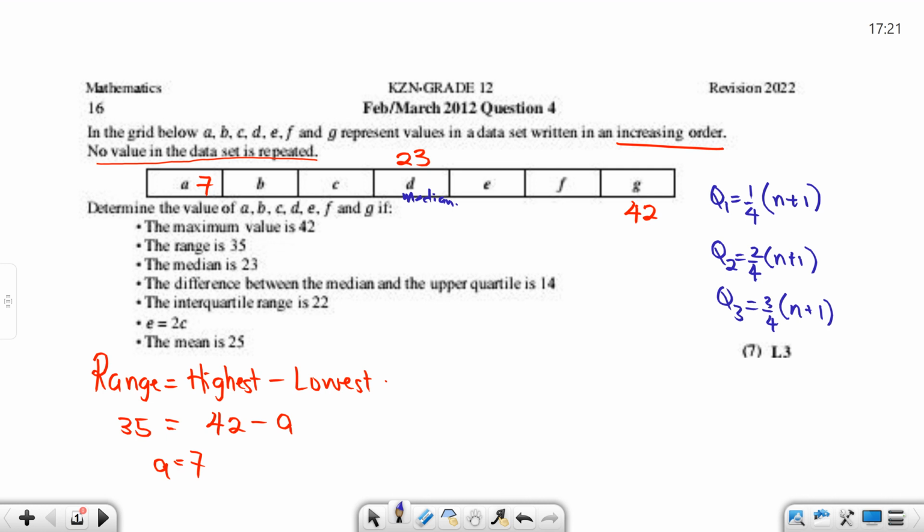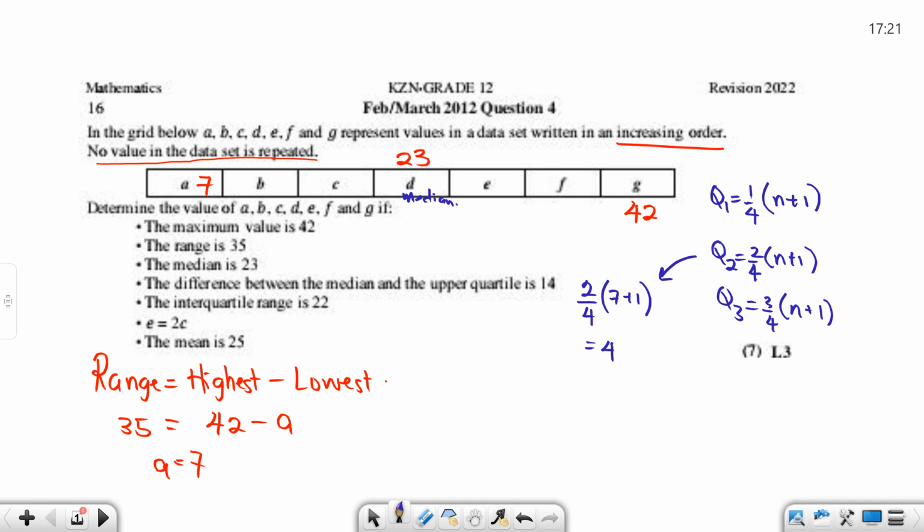So you have your lower quartile, your median, and your upper. Let's go back and check. How many terms do we have here? We said 7, right? So for Q2, 2 over 4 times 7 plus 1. That is 8, right? What would that give us? That gives us number 4.